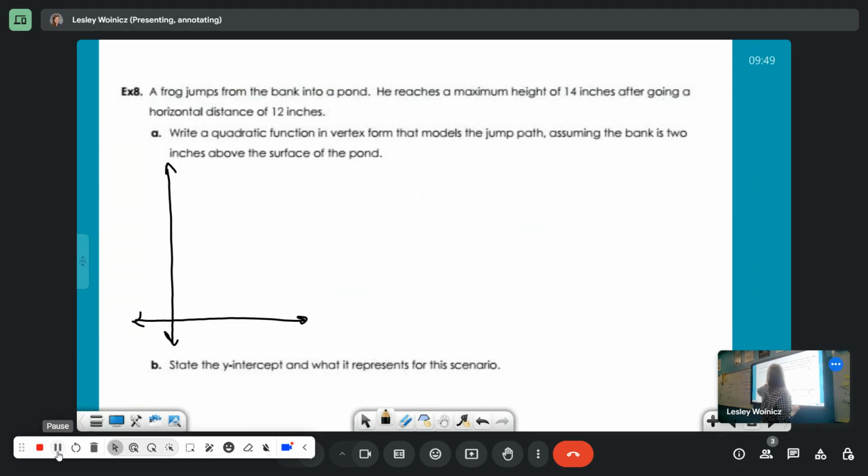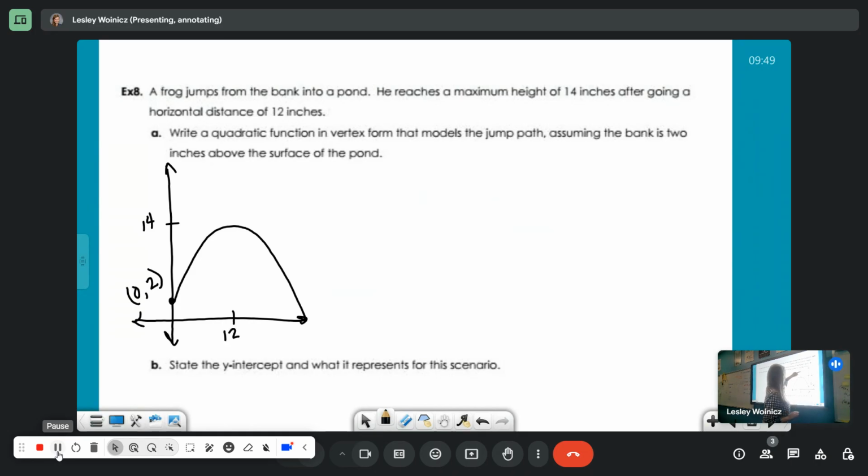We know that the bank is 2 inches above the surface of the pond. So here's my bank. That's the height that he's starting from. And then he's jumping to a maximum of 14 inches high after going 12 inches horizontally.